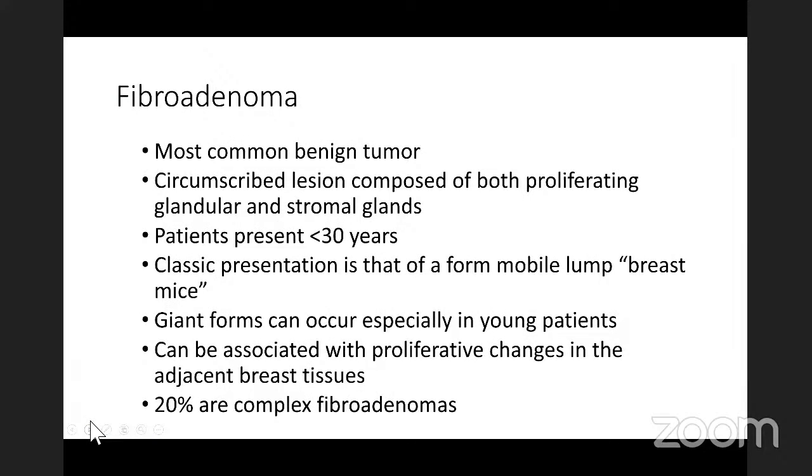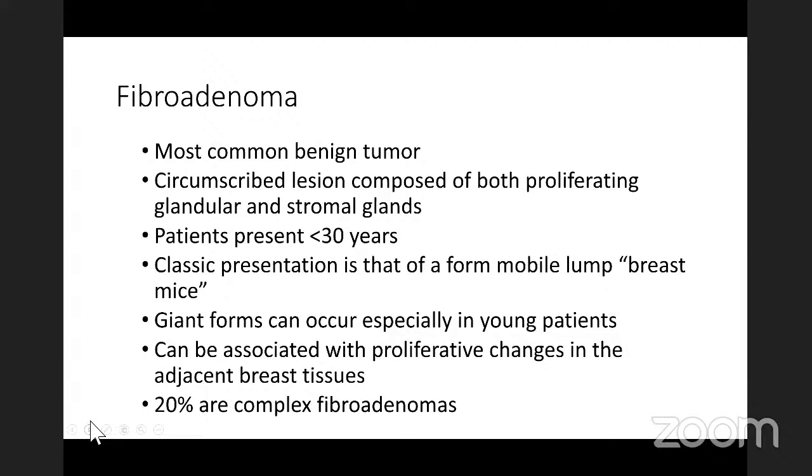Now we go to benign tumors. The most common benign tumor would be your fibroadenoma. This is a circumscribed lesion composed of both proliferating glandular and stromal elements.